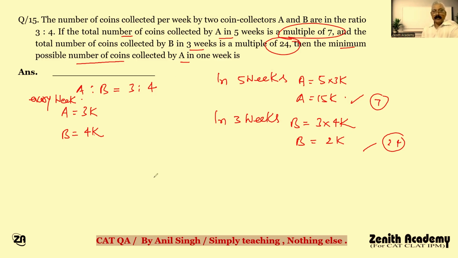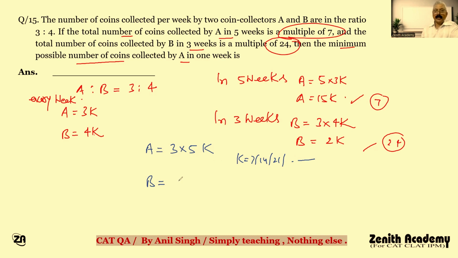So look here, A is 15K, which is 3 into 5K. It should be a multiple of 7. So the value of K may be like 7, 14, 21, all the multiples of 7.